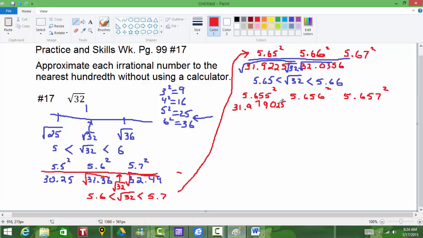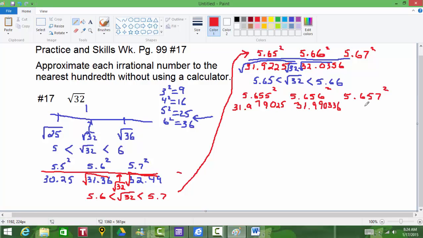Okay, next one's going to be 5.656 times 5.656, hit equal. And I get 31.990336. Okay, I can't stop like I did last time because 32 is not going to be between those two numbers.